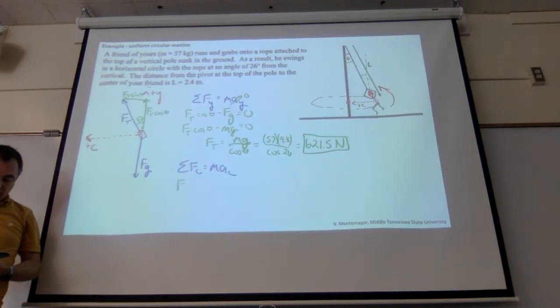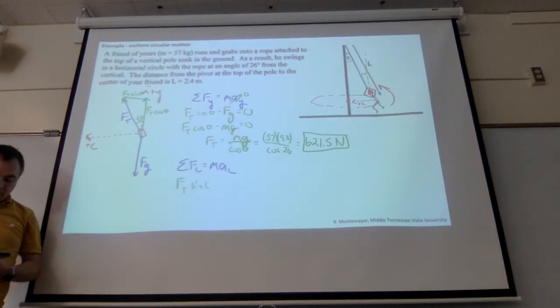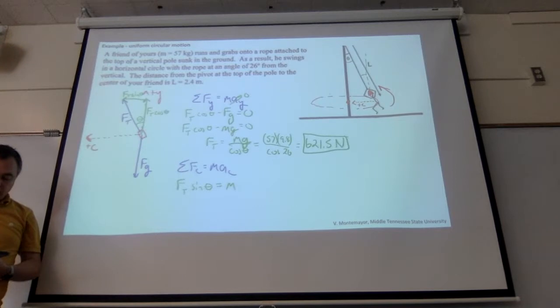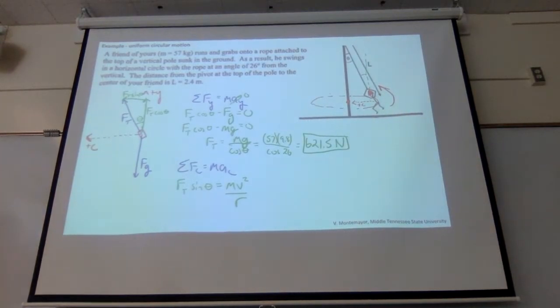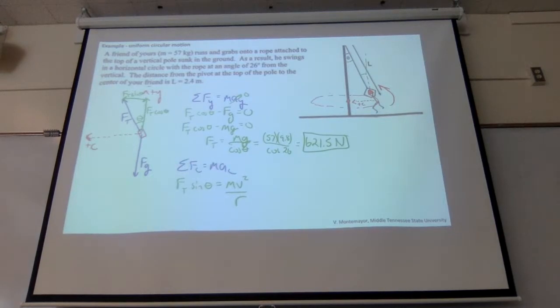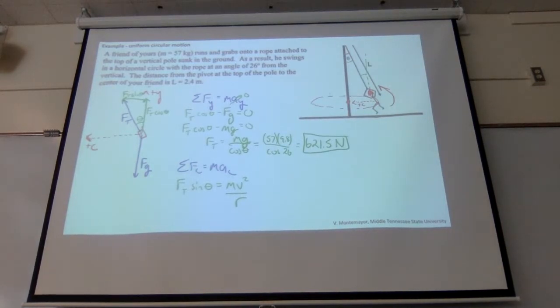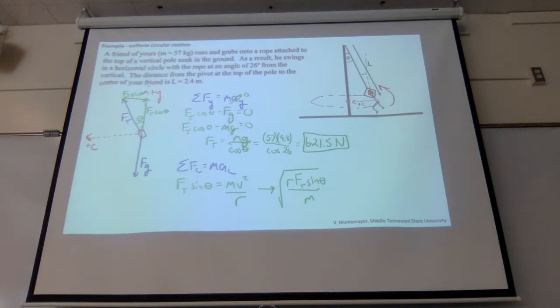So I've got Ft sine theta on the left side, and the acceleration, remember, is v squared over r. So now that I found the tension, I'm actually able to find the velocity. So let's rearrange this equation. We're going to have r times Ft sine theta over m, and take the square root to get velocity.